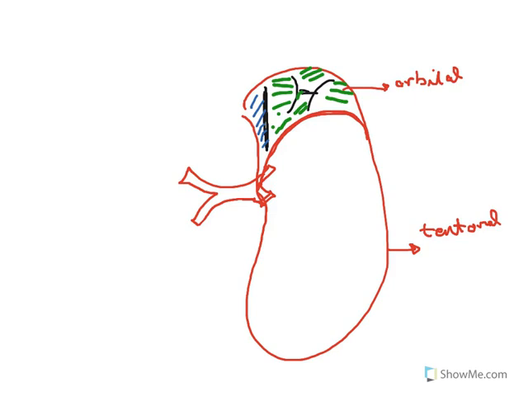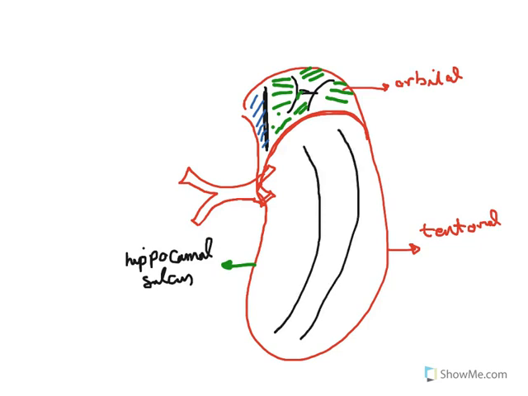Okay, so as you know, this is the hippocampal sulcus. The hippocampal sulcus separates the tentorial surface and the midbrain. And you have here another sulcus, which is the collateral sulcus, and lateral to the collateral sulcus you have the occipitotemporal sulcus. So this is the occipitotemporal sulcus, and this is the collateral sulcus.